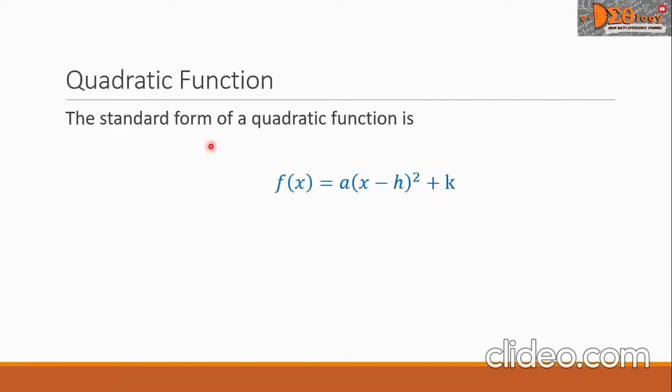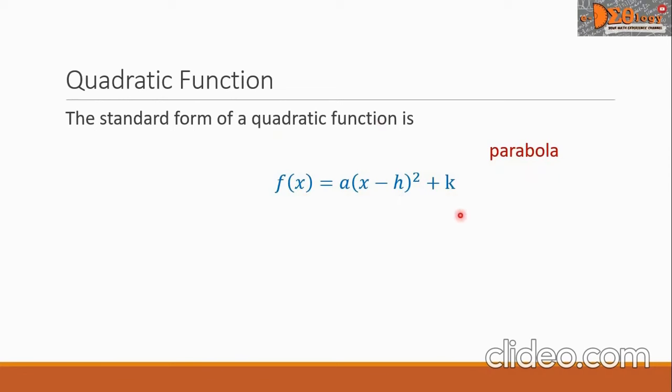The standard form of a quadratic function is f of x equals a times the quantity square of x minus h, then plus k. We know that the graph of a quadratic function is a parabola.